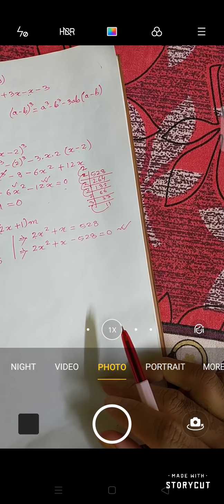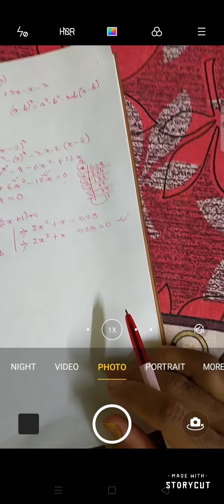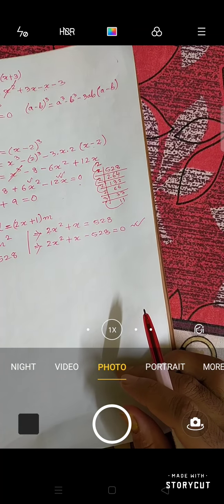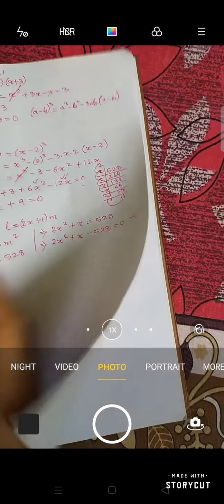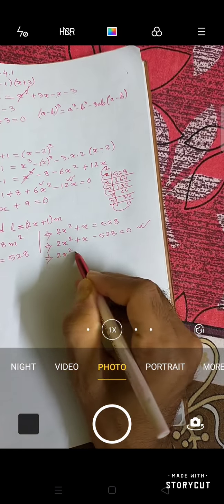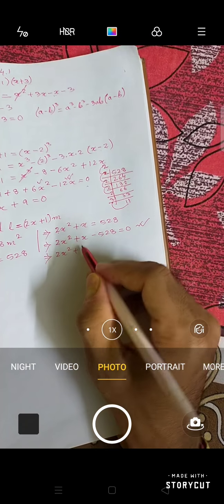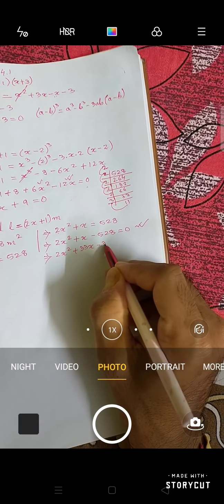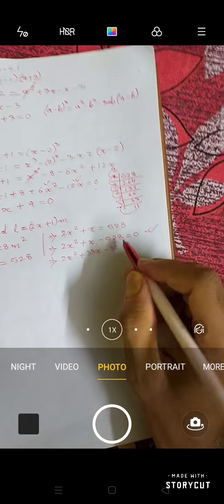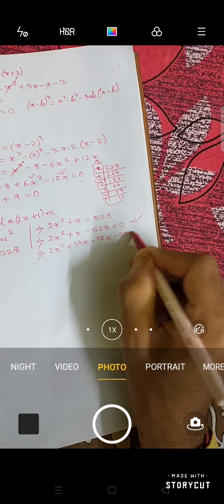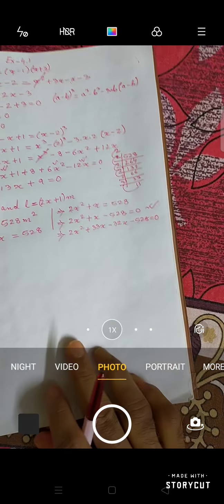So 32 and 33, if I subtract, I will get 1, yes or no? So I'll take this as 2x square, plus the bigger number as plus 33x minus 32x minus 528 equals 0. Is it clear?